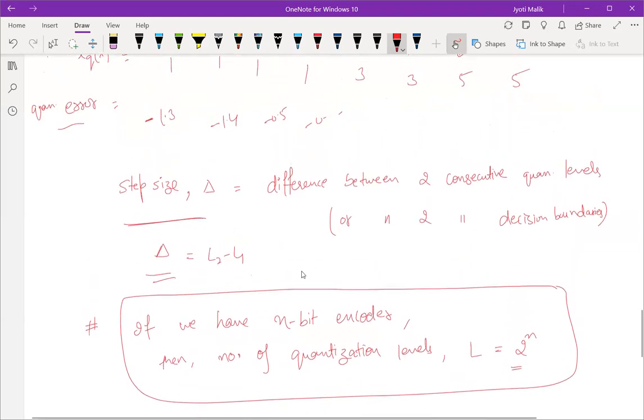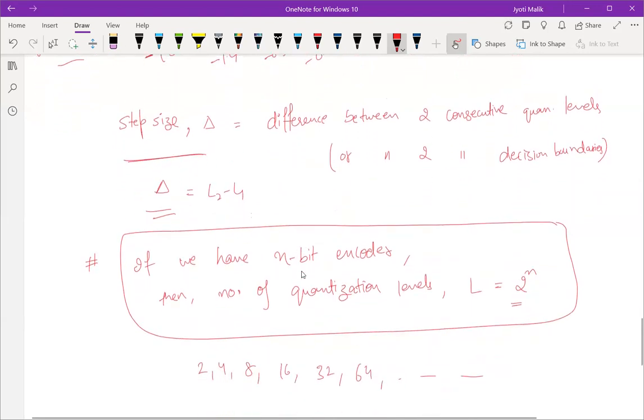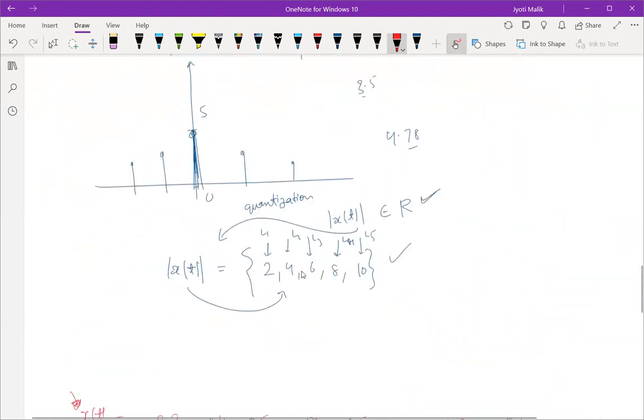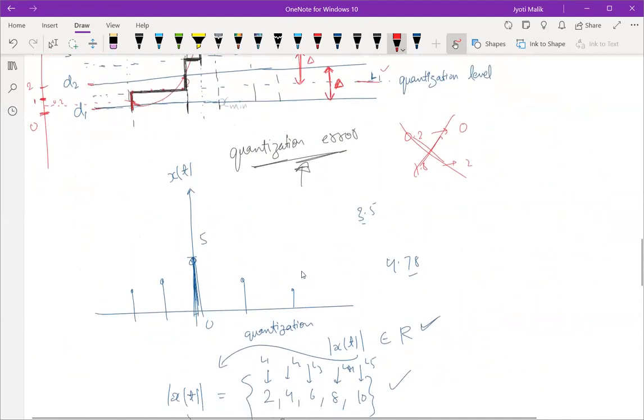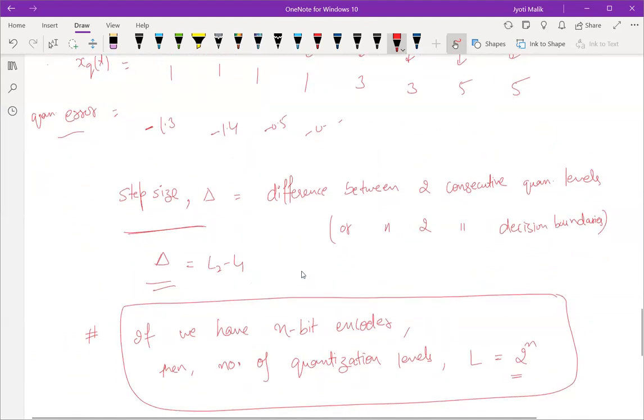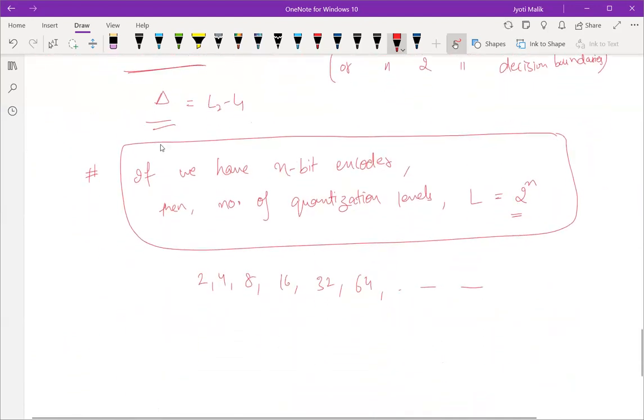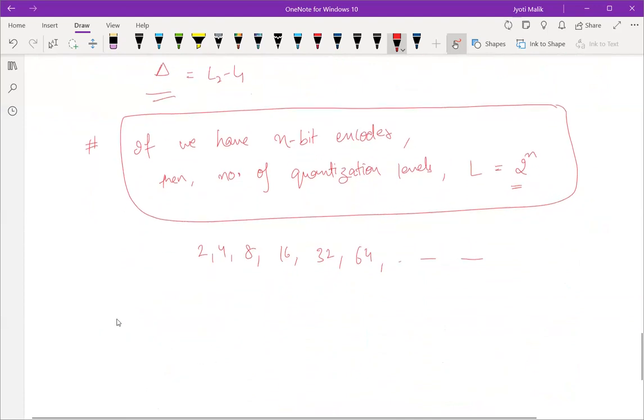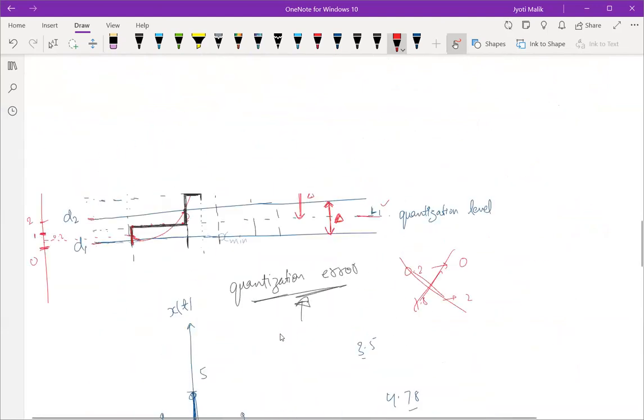Okay, this was the step size. But now you have to see one thing: how to find the step size mathematically? So step size delta is what? See it from the diagram.